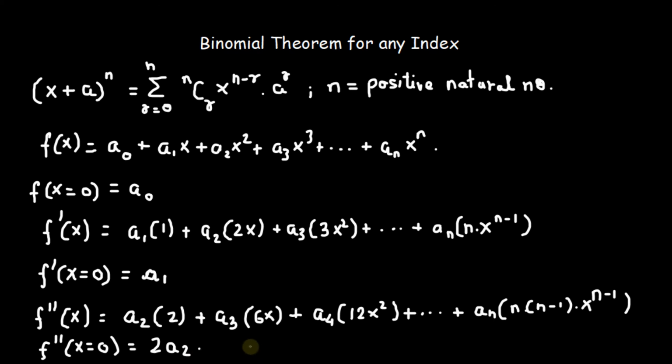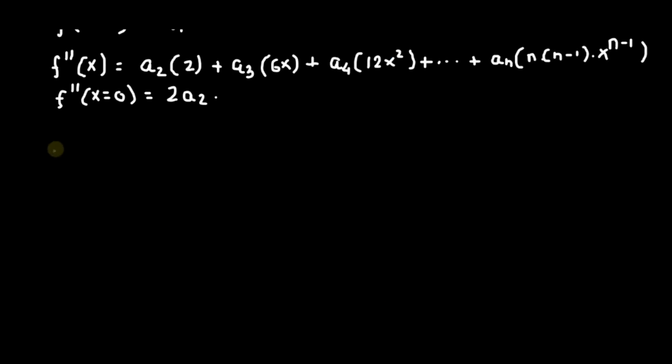Next, we're going to calculate the triple derivative of the function f(x). The triple derivative of f(x) is f triple prime x equals, we have the first term as 2 times a2, so that will be 0. So we move on to the second term.